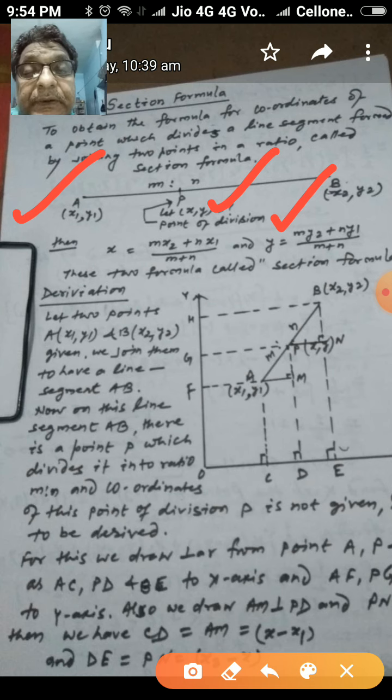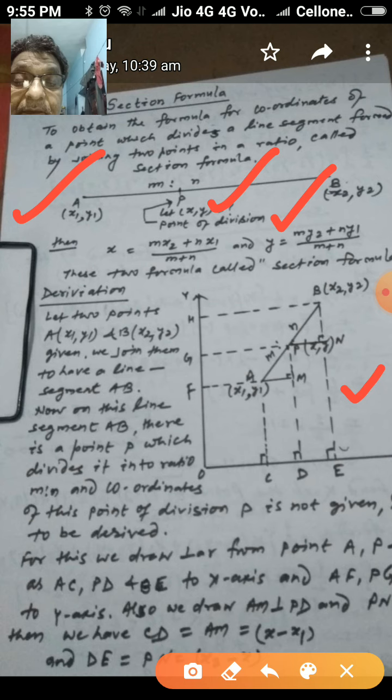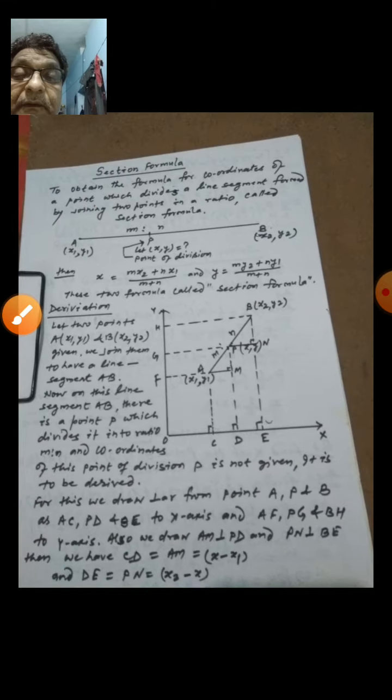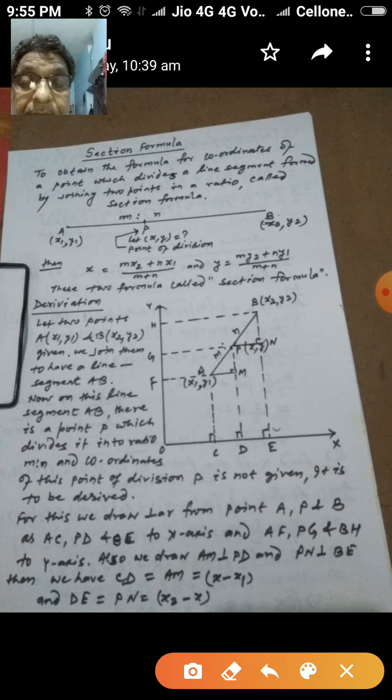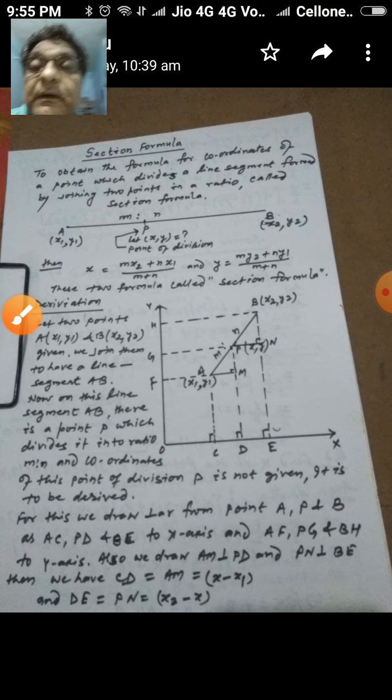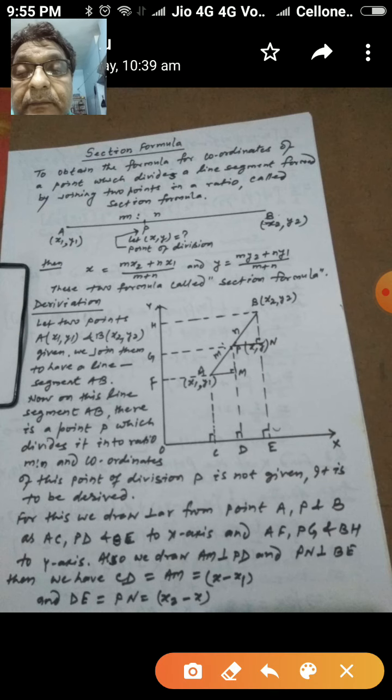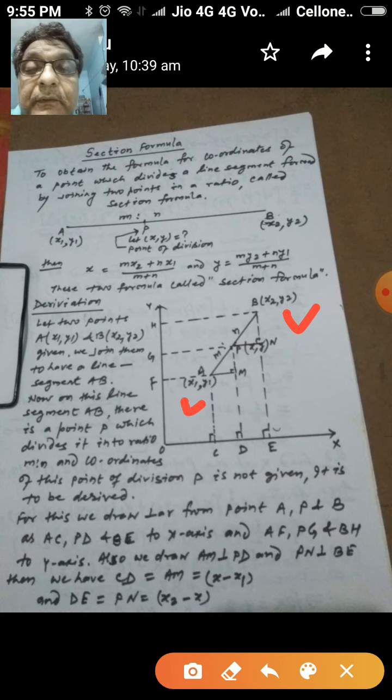Here in this figure, first of all we have drawn the two coordinate axes, that is x axis and y axis, and within this quadrant there are two points, A with coordinates x1, y1 and B with coordinates x2, y2.